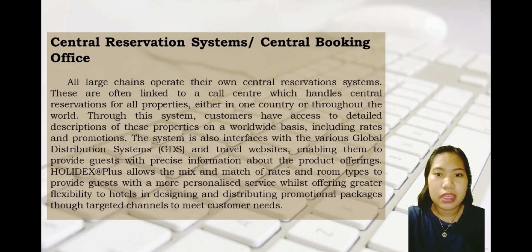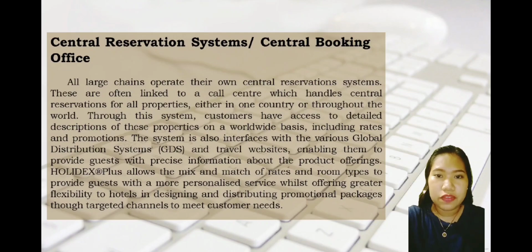The definition of a CRS, or Central Reservation System, is a type of reservation software that is used to update and maintain information of a hotel pertaining to inventory and rates, so that hotels are able to manage guest reservations and the processes around such reservations in real time.